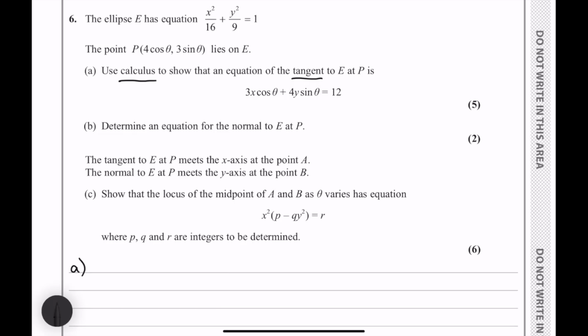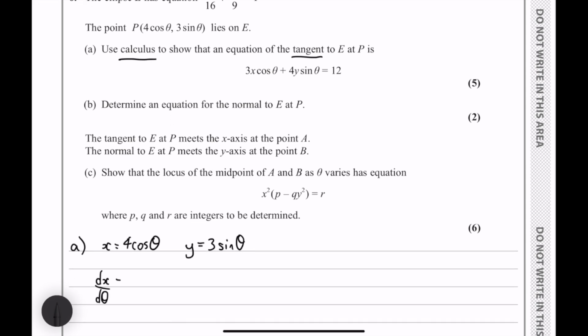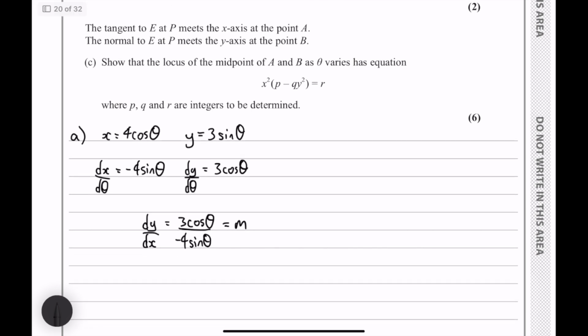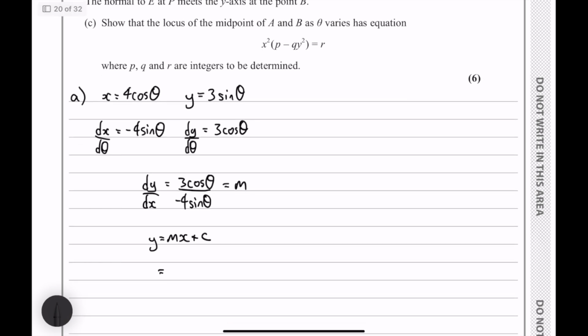What I'm going to do here, we've been given x is equal to 4 cos theta, and y is equal to 3 sine theta, so dx by d theta is equal to minus 4 sine theta, dy by d theta is equal to 3 cos theta, and dividing dy by d theta by dx by d theta, we get dy by dx, 3 cos theta over minus 4 sine theta, and that is our gradient, which we can put into our y equals mx plus c equation for the tangent. So that is 3 cos theta over minus 4 sine theta.